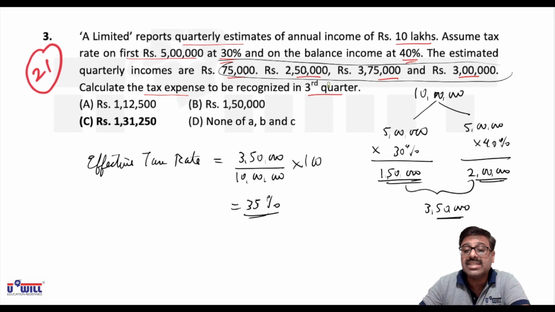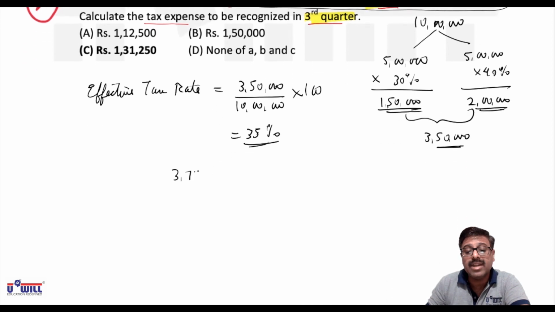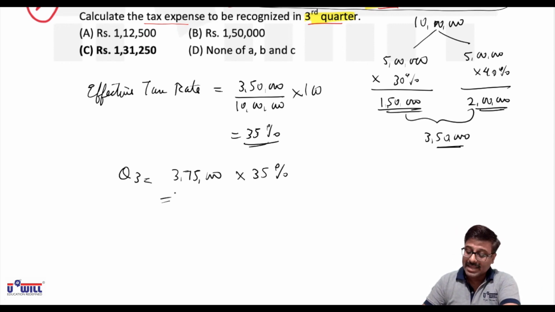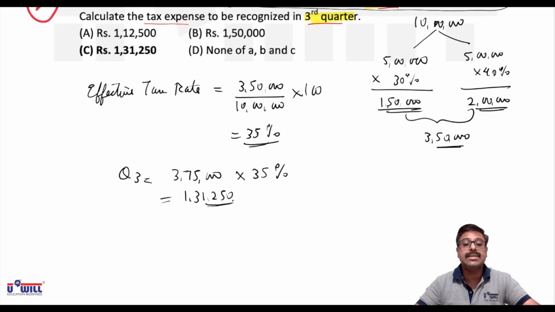In the third quarter the profits are 3,75,000. So we will report tax expense of 35% on 3,75,000. What tax expense we will report? 3,75,000 into 35%, 131,250. So option C is the correct answer.